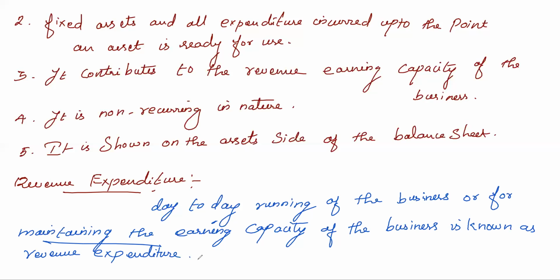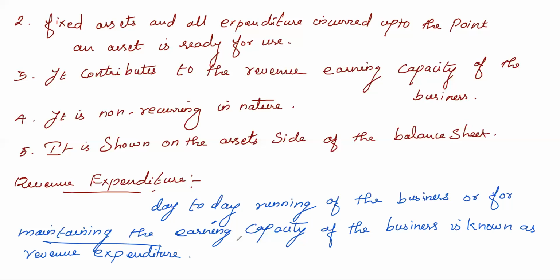It is recurring in nature. It is incurred to generate revenue for a particular accounting period. So the revenue expenditure may be incurred in relation with revenue or in relation with a particular accounting period.